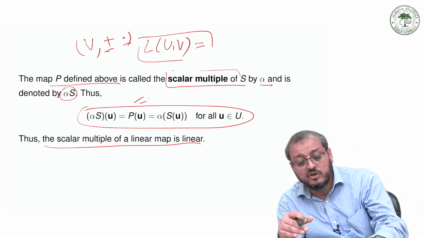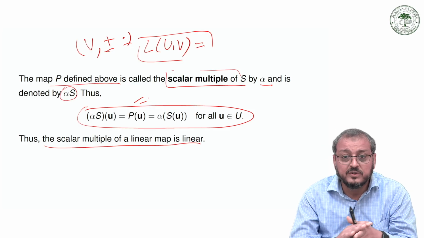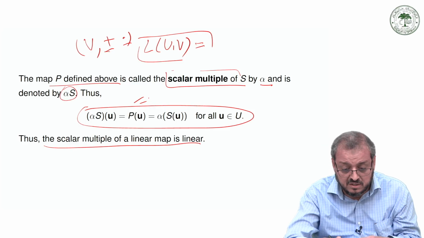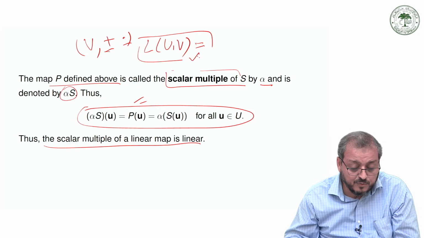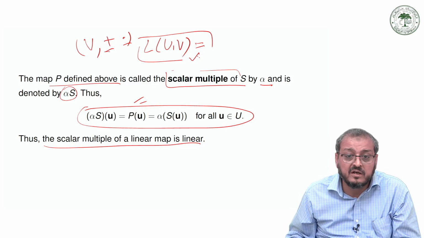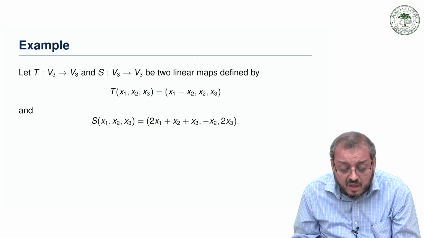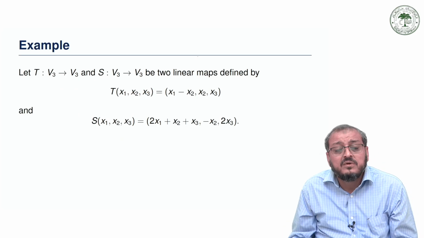Under these two binary operations, L(U,V) forms a vector space. The proof is provided later, but with this sum and scalar multiplication of linear maps, let us try some exercises and examples.